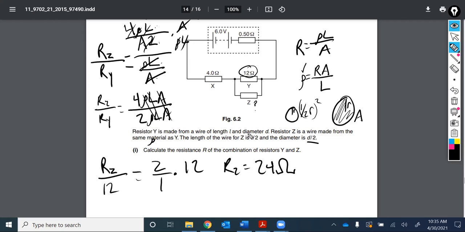If you double its length, it's going to be more resistant if you make its length longer. But if you also make the area smaller, that's also going to have an effect, with less room for the electrons to flow through. So both of those effects end up increasing the resistance.